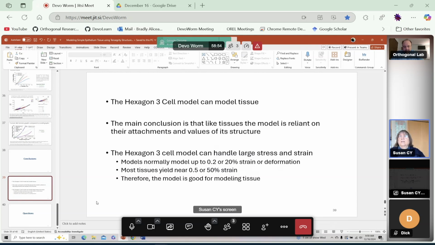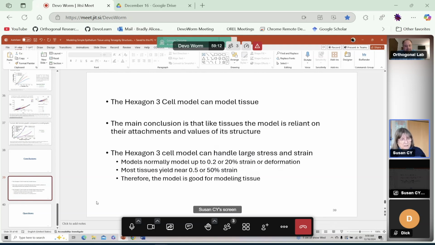The one thing I'm hiding that I didn't want anybody to ask about is how the springs on the bottom of the model relate to the substrate elasticity.